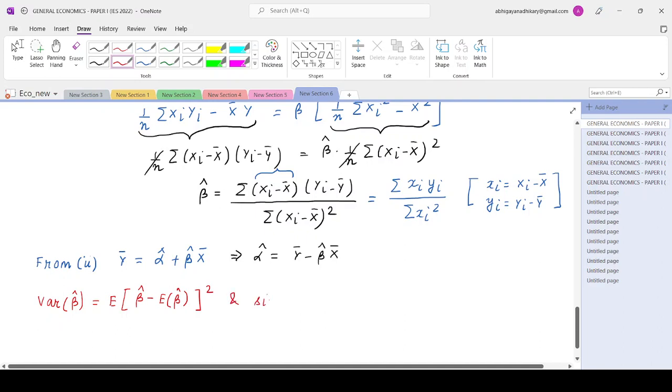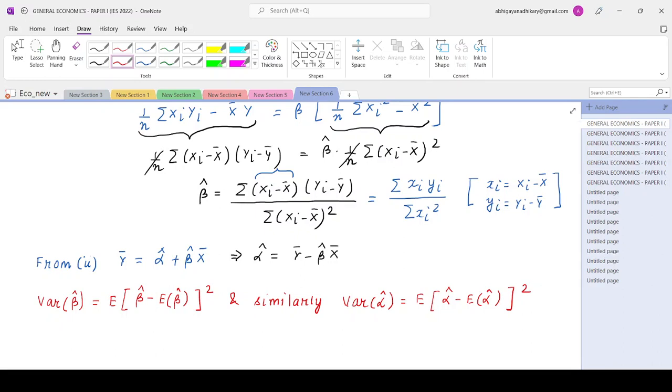And similarly, variance of alpha hat will be expectation of alpha hat minus expected value of alpha hat, that whole square. So it's basically average squared deviation. That is basically variance. So for that, what we need to first obtain is what these expected values are.